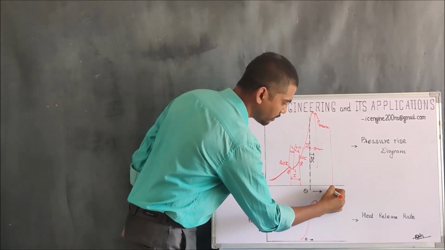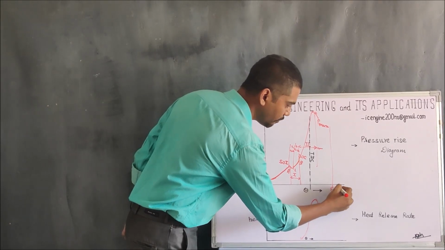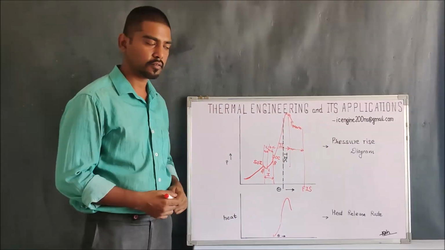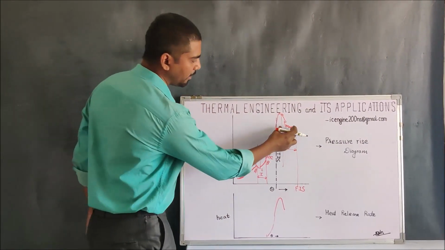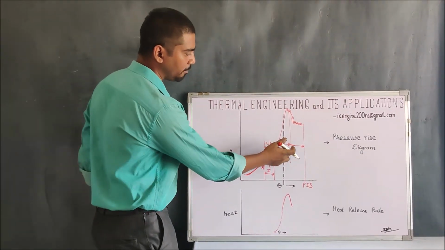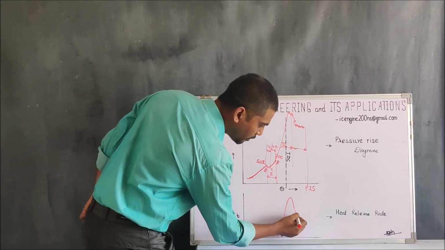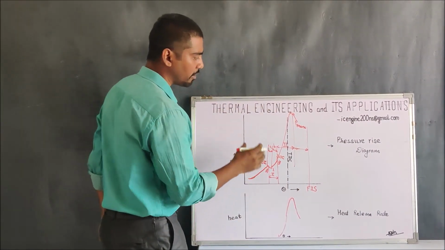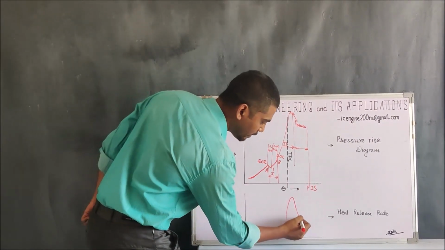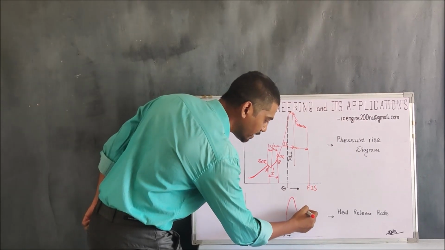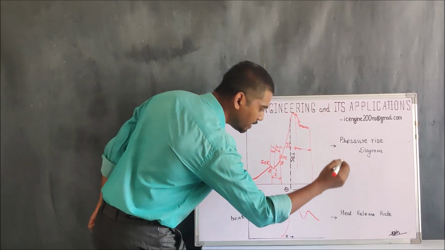This is a point or theta which represents fuel injection stops. Now because we can control the amount of fuel that is injected in this phase, there would be a rise in heat release rate as per the amount of fuel injected.